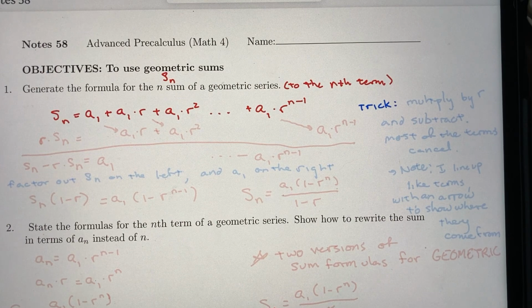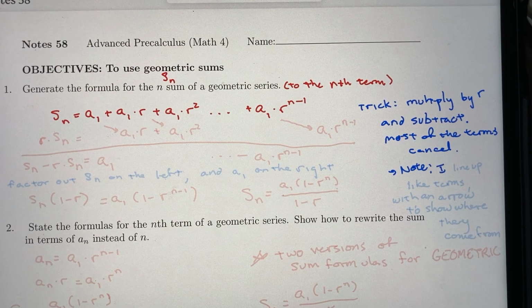is to multiply by r and subtract, and most of the terms cancel. Also note, I'm going to line up the terms under the terms that cancel with them.